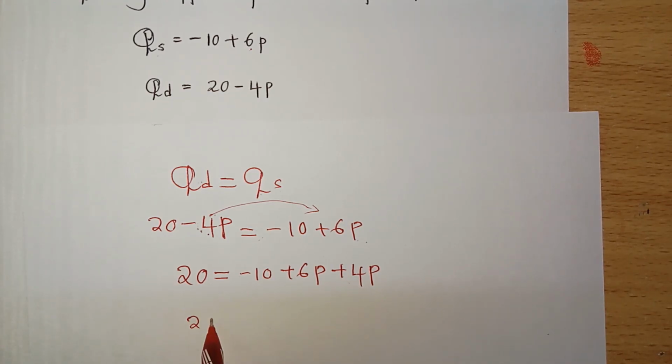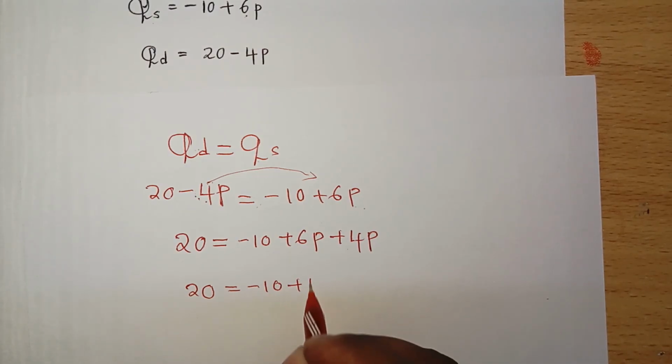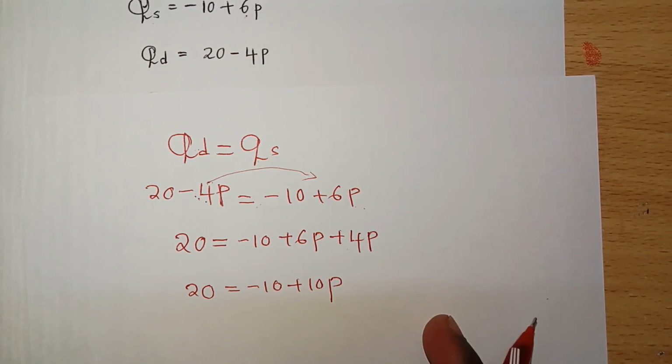So here we have 20 equals negative 10 plus 10p. Now I want to be left with p on the right hand side, so I have to take this negative 10 to the left hand side.